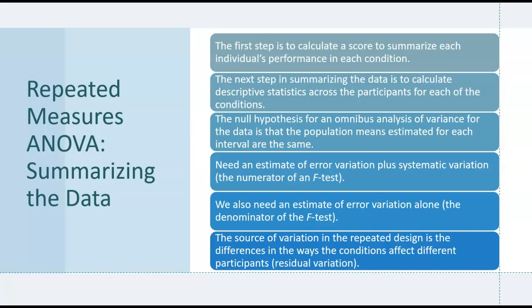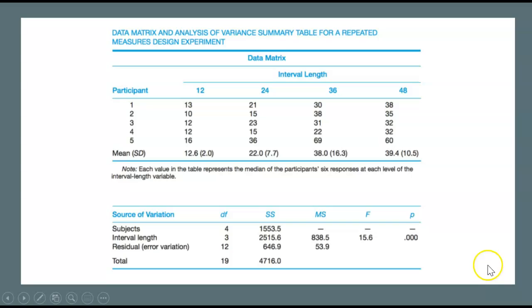In a repeated measures design, and just as a reminder from the last slide, what we're looking at is wanting to be able to describe the differences in how the conditions affect the different participants. So it's kind of like, in these several points in time, each participant is given the same test. What is the degree to which, as individuals, they respond differently at these different points in time? And that becomes the residual variation.